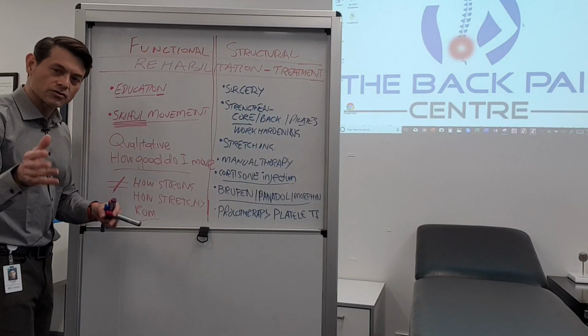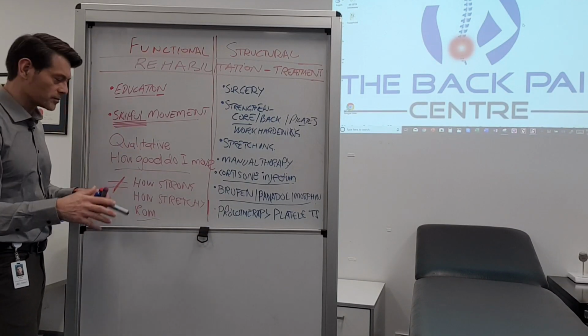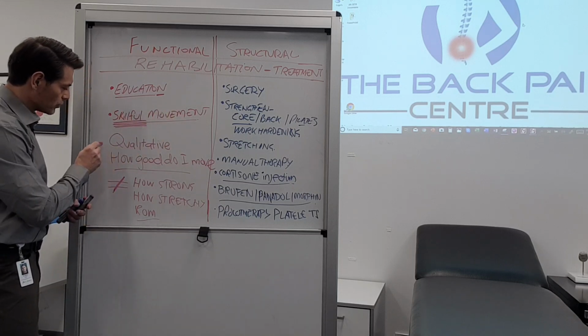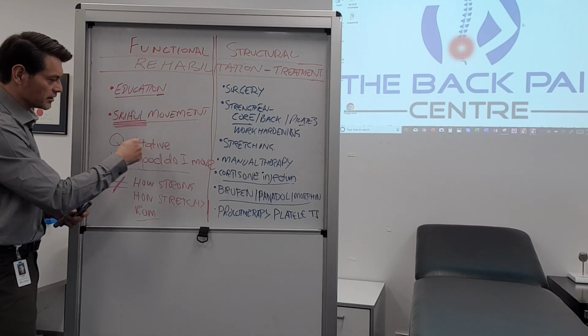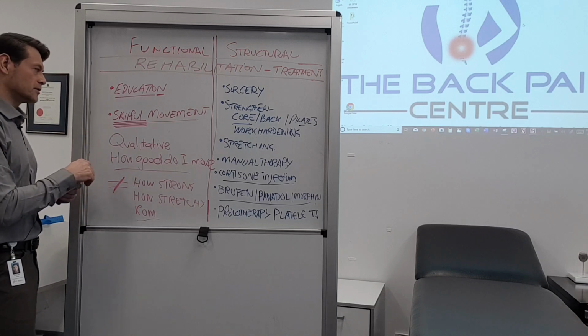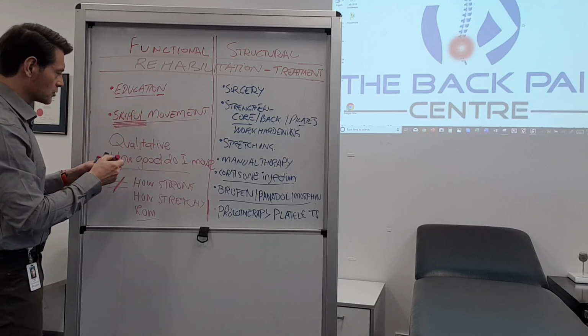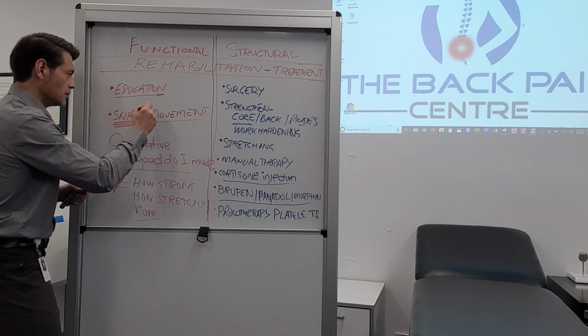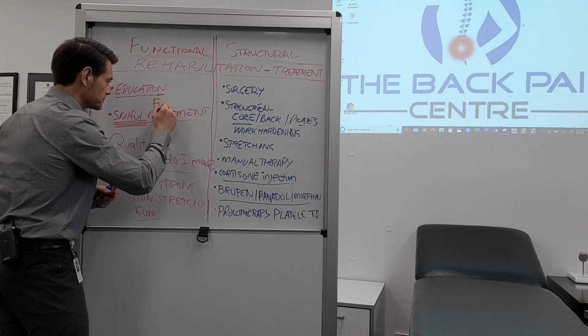But they're all structural remedies, structural focused metrics. When we're talking about skillful movement, we're talking about the quality of movement. And so therefore, functional movement, and we can call this skillful movement or functional movement.